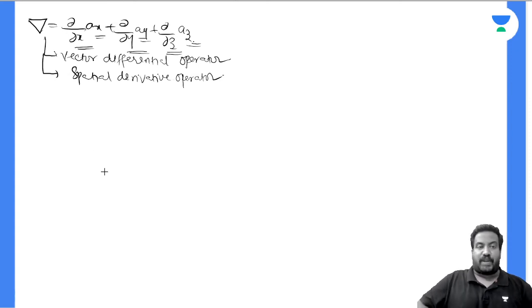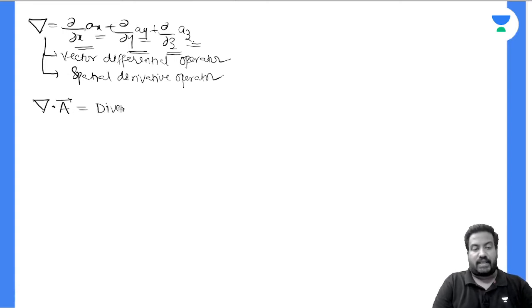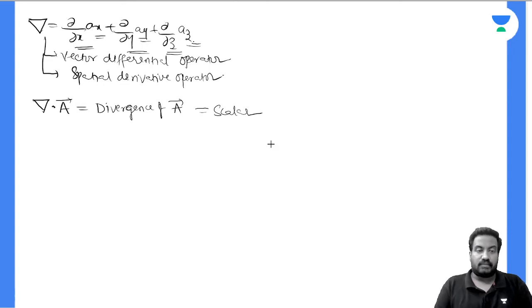And del is a very special operator here. Del, when operated on a vector using a dot product, is read as divergence of A. Divergence of any vector is a scalar quantity. This we have discussed.